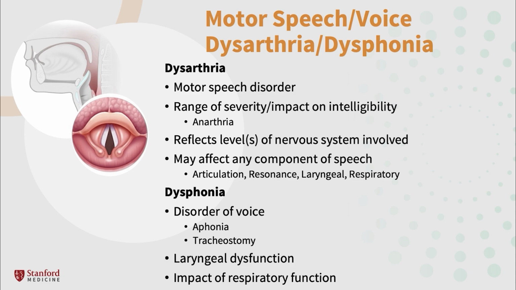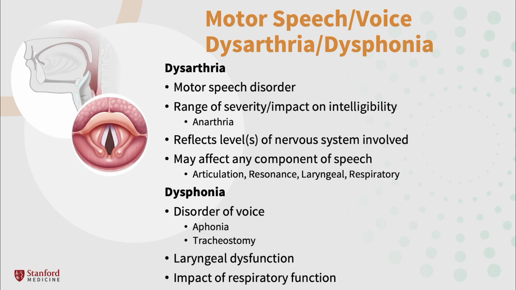And I bring up in this light our individuals with tracheostomy. So if an individual has a tracheostomy with an inflated cuff on the tube within the airway, they're bypassing their glottis and their upper airway. So those individuals are aphonic secondary to the tracheostomy.